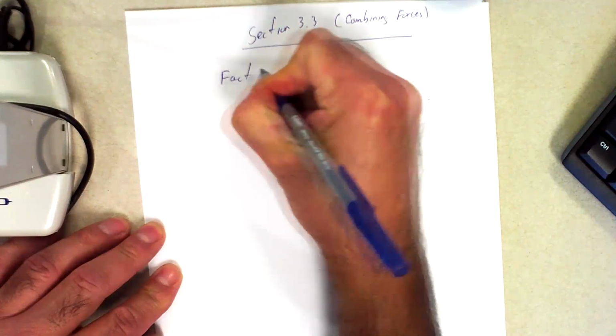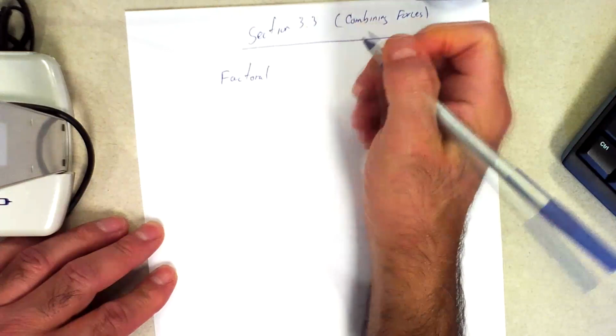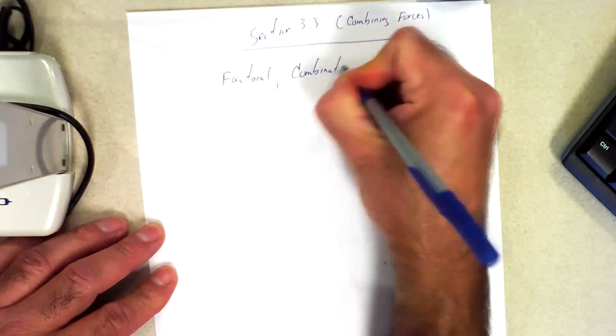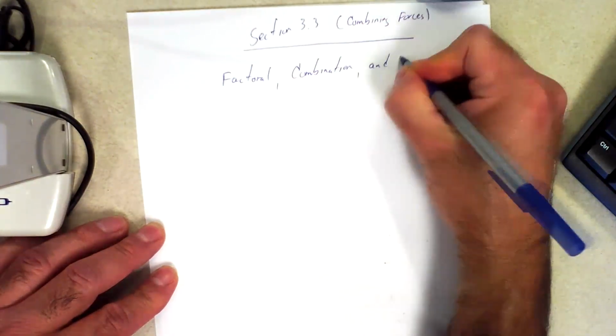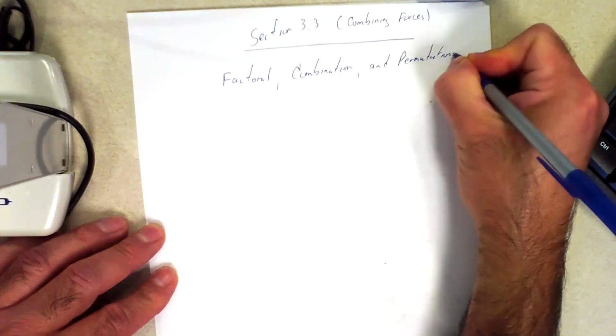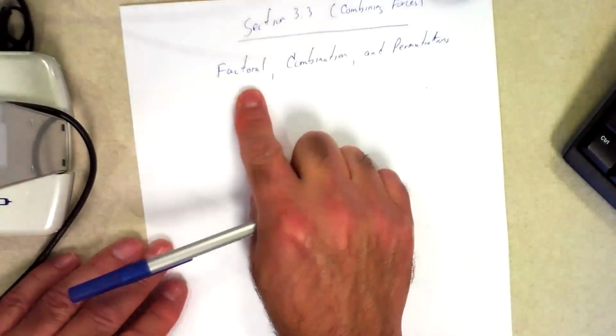The functions that we're going to go through are the factorial, the combination, and the permutation.